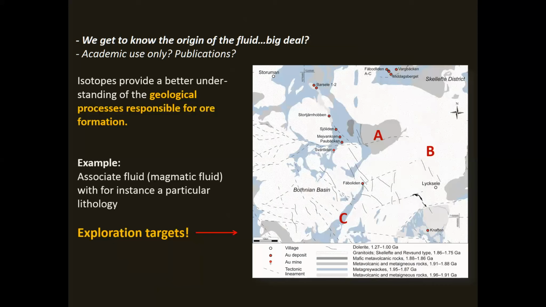So let's say that in the map here, the intrusion A is related to the mineralization at Fäboliden and granite or intrusion B is not. Saying that the A intrusions are more interesting, we will definitely narrow the exploration targets here, and we can focus the efforts in the mineral exploration and then hopefully find more gold.